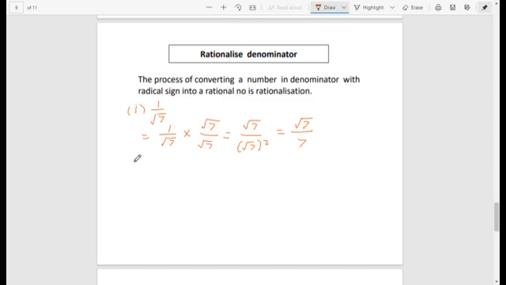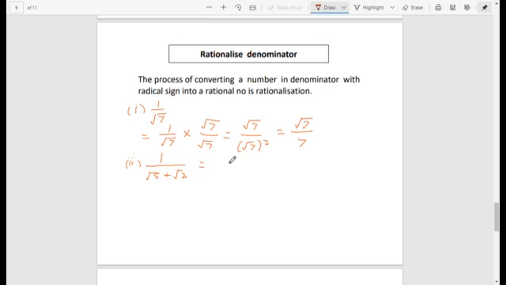Second example we can see here like this. Let us take one example here: 1 upon root 5 plus root 2. So this can be written as, here plus sign is there, so we will multiply with the minus sign.